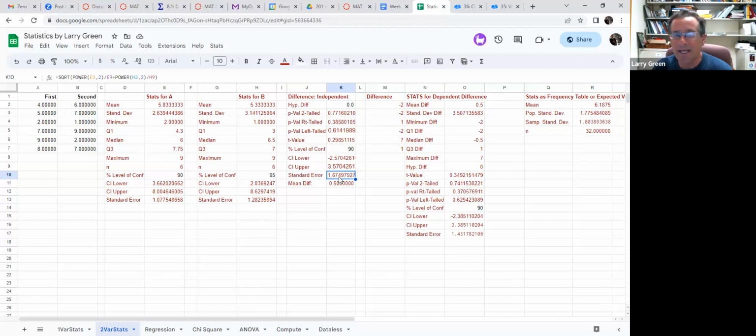And you should also look at the p-value, whichever one is relevant. And here's your test statistic, by the way. If you're using dependent data, instead of J and K, it'll be N and O. It'll be these guys.